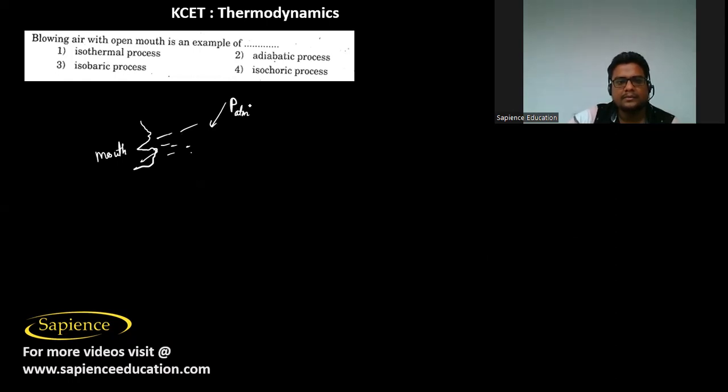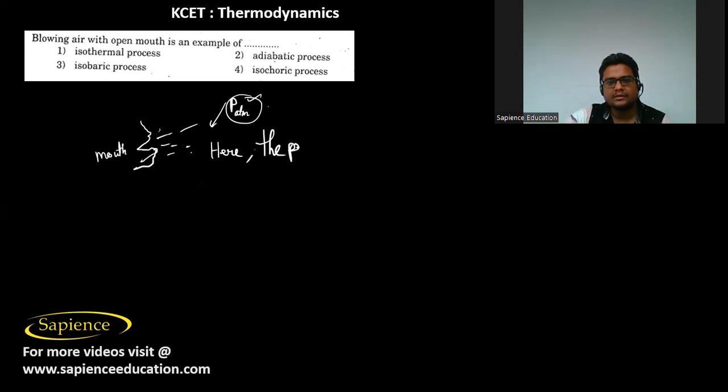Atmospheric pressure is acting in the surrounding, and when the air is blown, then also the pressure of the air will be same as the atmospheric pressure only. So it means here in this process, the pressure of the air is remaining constant.